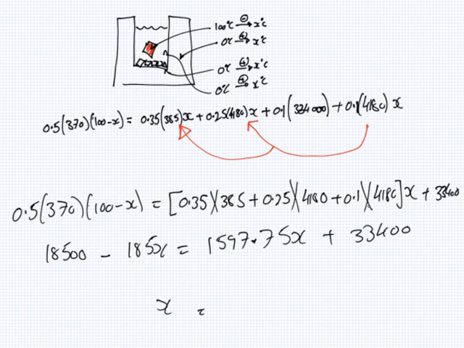33400. Don't know. I just don't know. I thought you used 334 here. Yeah, well, it was 334,000 times 0.1. So I just knocked off one of the zeros.